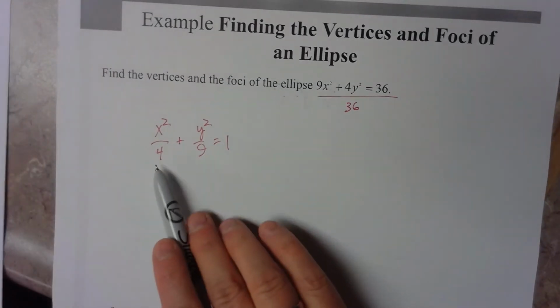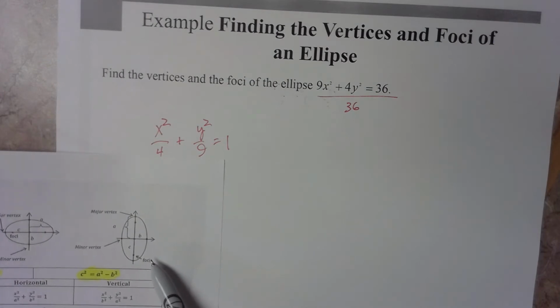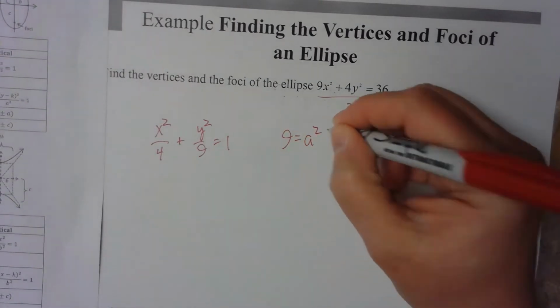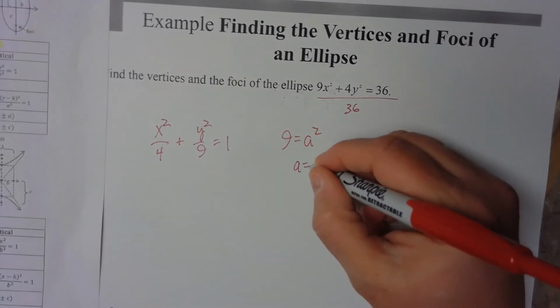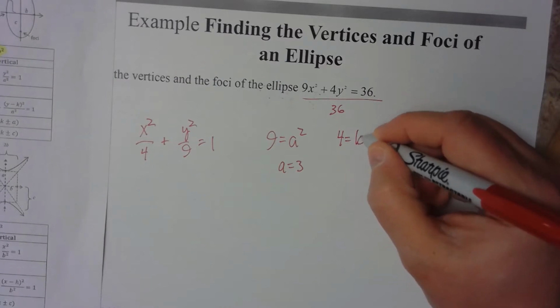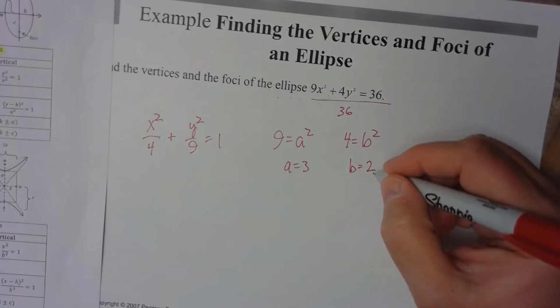So 9 is bigger than 4, therefore it's going to be elongated vertically. I know that 9 equals a squared, so a must equal 3. I know that 4 must equal b squared, so b equals 2.